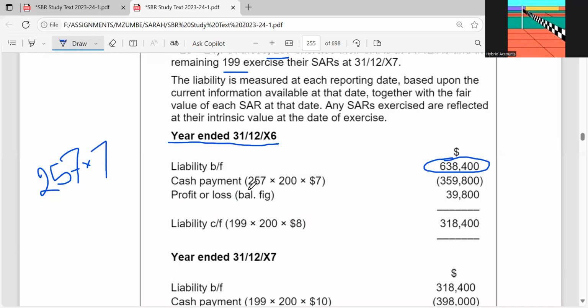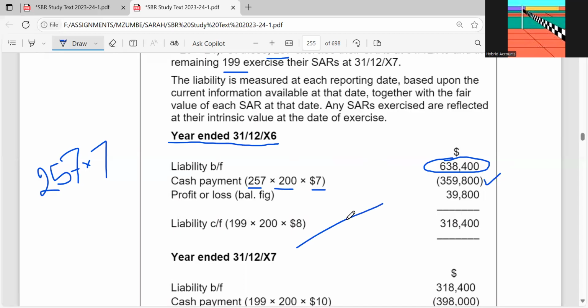But remember, these are just the employees. We need to know the number of rights per employee. Each employee had 200 rights. So you multiply them and you get this figure here. So this is what would be paid as cash. And so this liability would be reduced by this much amount, right?